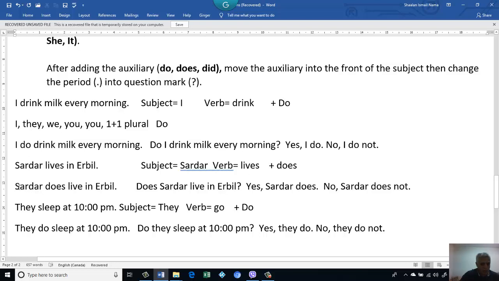Then we're going to go like this. Sardar does live in Erbil. Now it's easy to make a question, because now I have an auxiliary verb after I add it. Then I take does in front of the subject. Then I say, does Sardar live in Erbil? Yes, Sardar does, or no, Sardar does not.